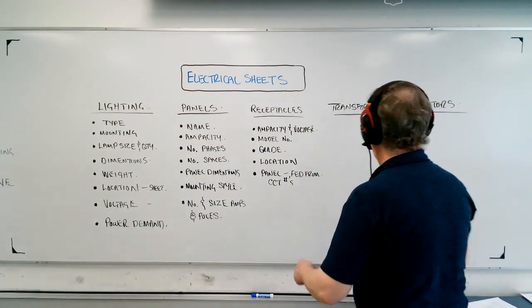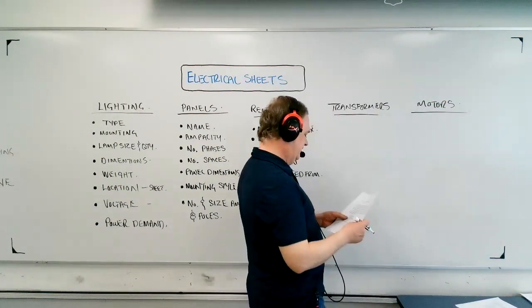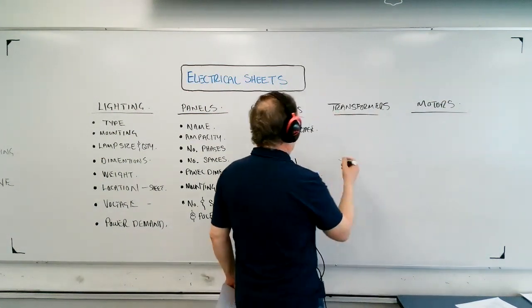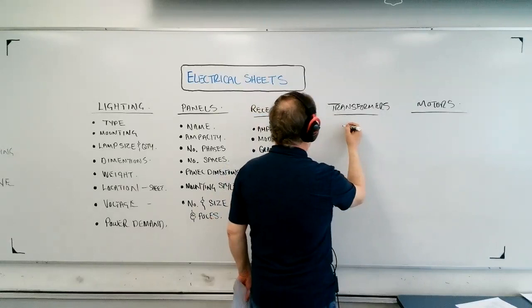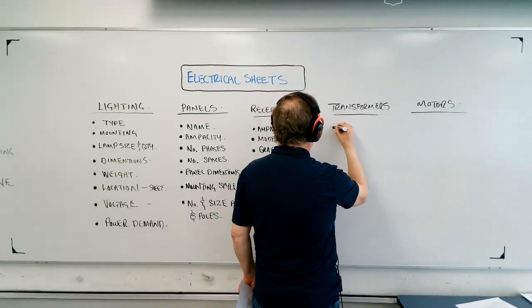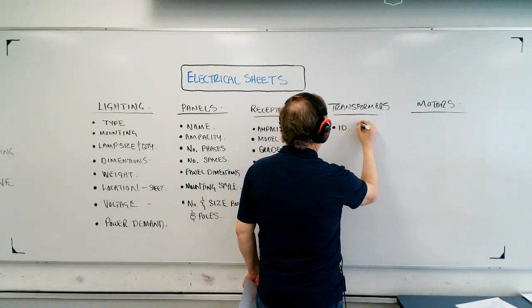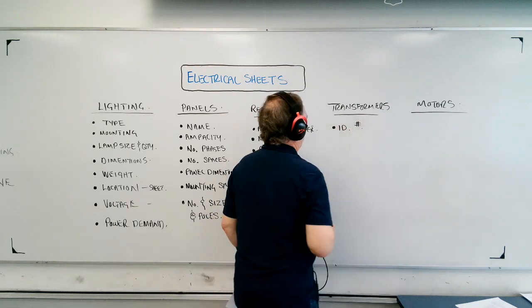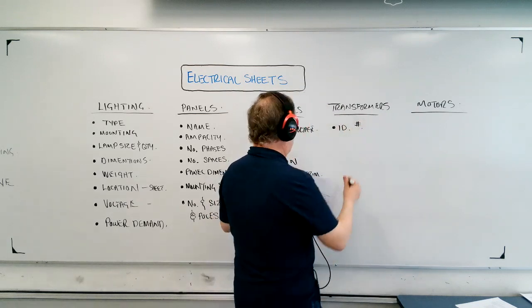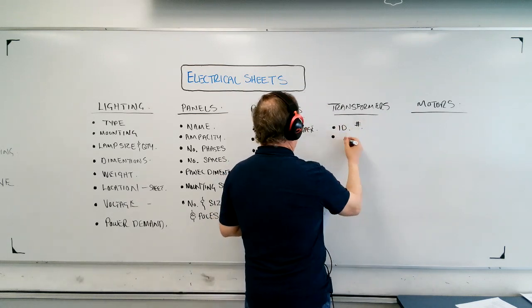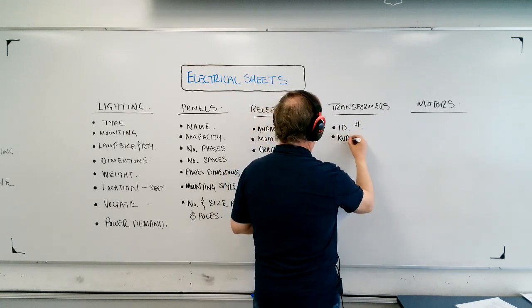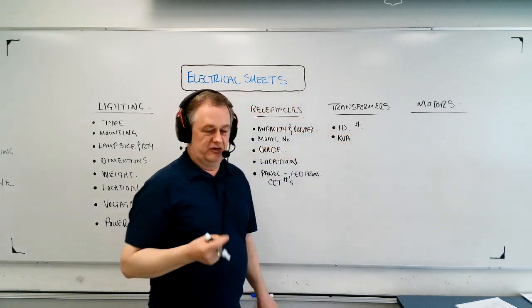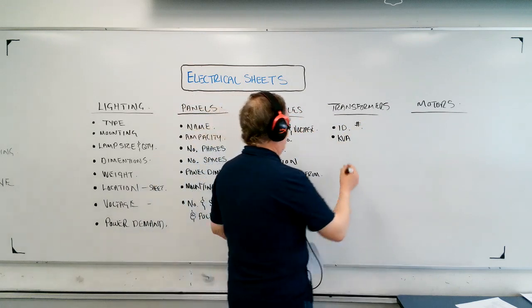So plenty of information can go along with receptacles. Now, transformers, a little bit different kinds of stuff. Transformers also have a name or a number, some definite ID. So I'm going to say ID, probably a number, and that will be in the schedule. With transformers, there's got to be a KVA rating of the transformer, that just makes sense.